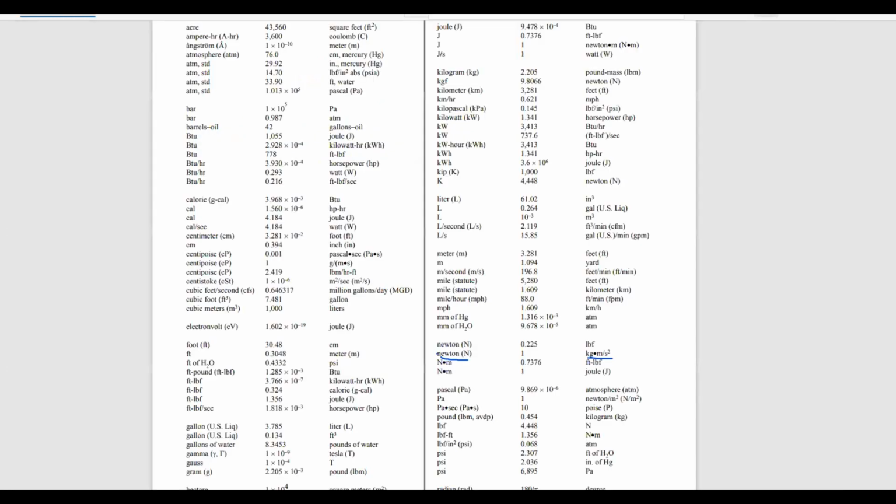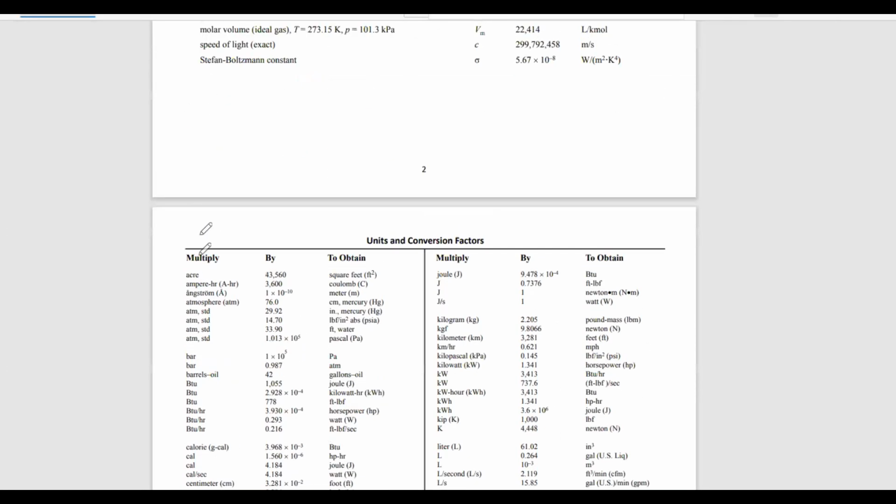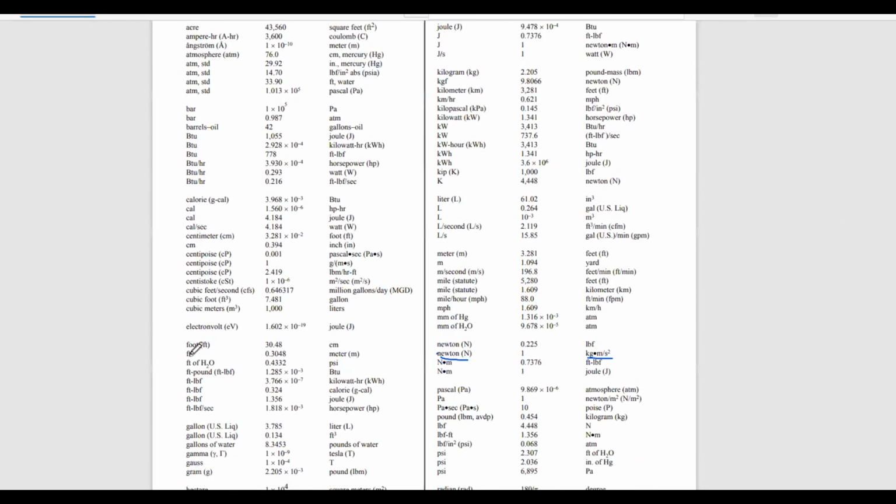Let's see, feet into meters. It's given, oh, foot into meters. So 1 foot equals 0.3048 meters.